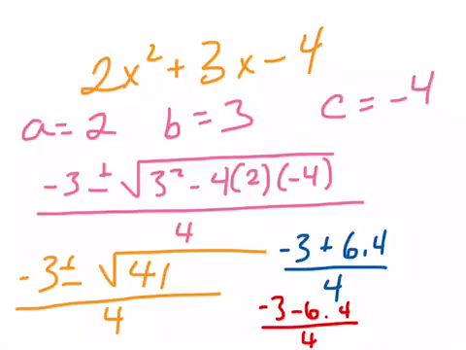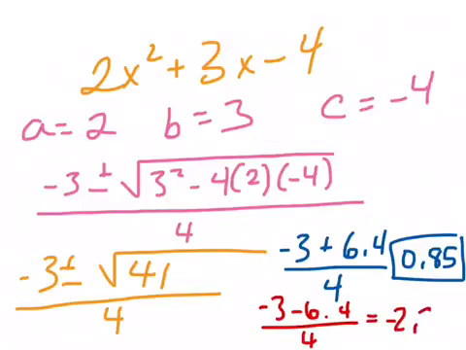So negative 3 plus 6.4 is 3.4, divided by 4 is 0.85. There's one of our solutions. And then to get the other solution, we'll do what's here in red. We'll do negative 3 minus 6.4, which is negative 9.4, divided by 4 gives us negative 2.35, which is our other solution.